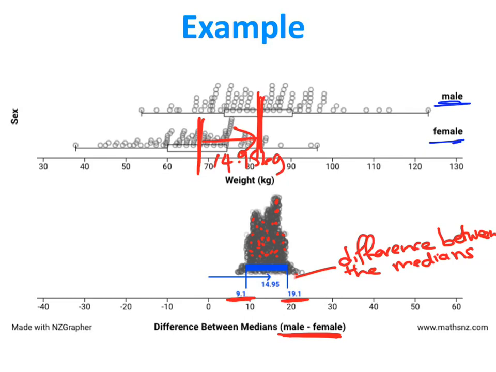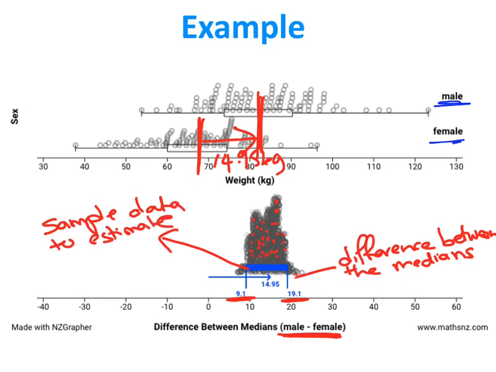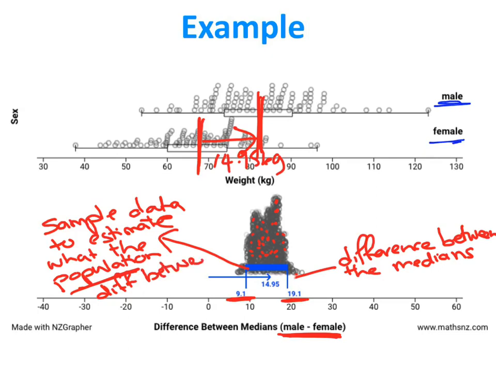Okay, so what we want to be able to interpret is that this confidence interval is using the sample data to estimate what the population difference between the medians is.